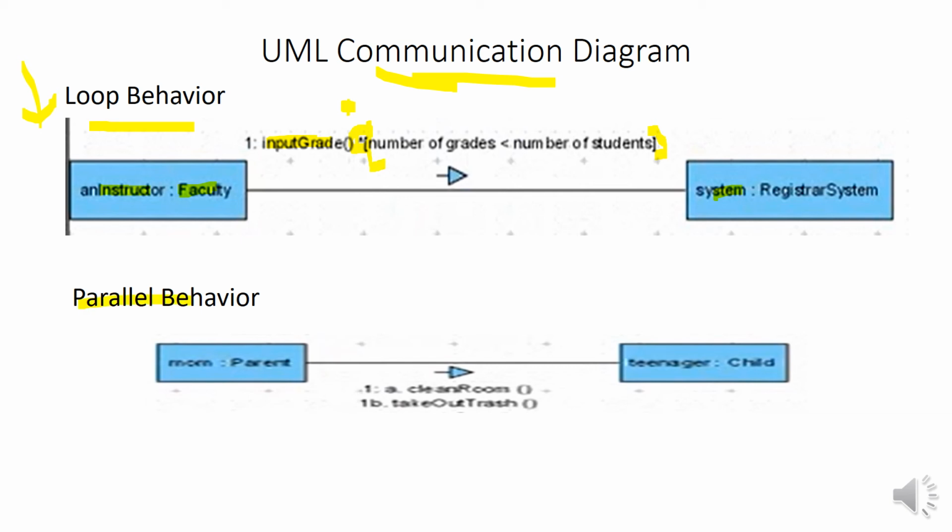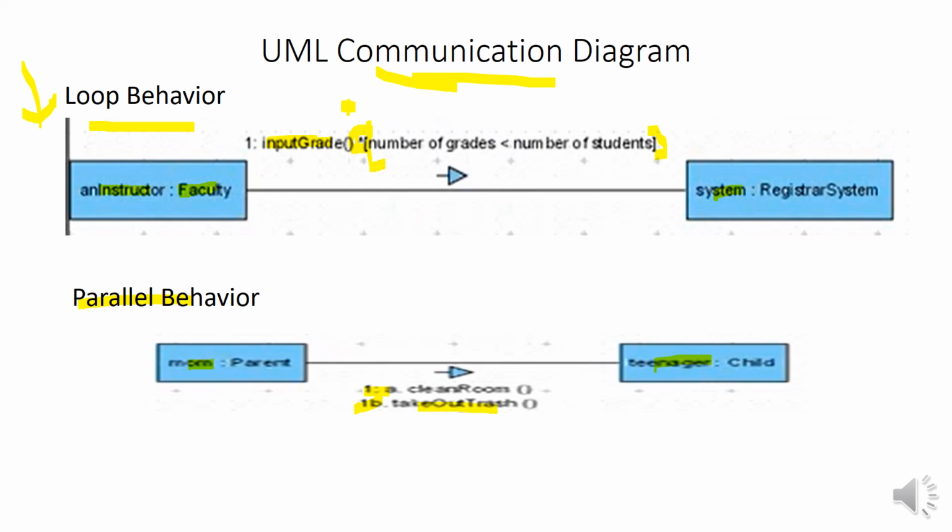Now parallel behavior. If you remember, in the sequence diagram we represent parallel behavior with the help of a combined fragment. In the communication diagram we represent this behavior through numbering of the messages. As you can see, the parent is giving instructions to the child to clean the room and to take out the trash.